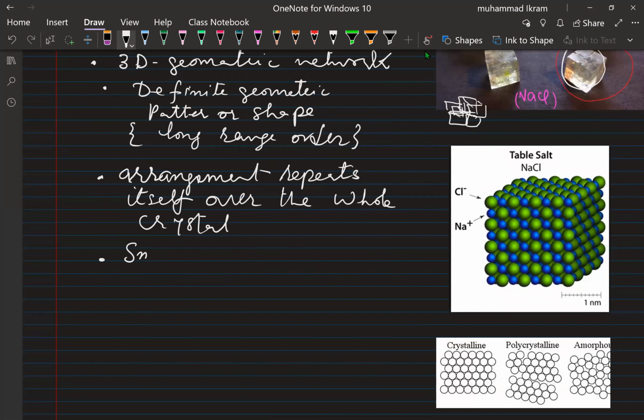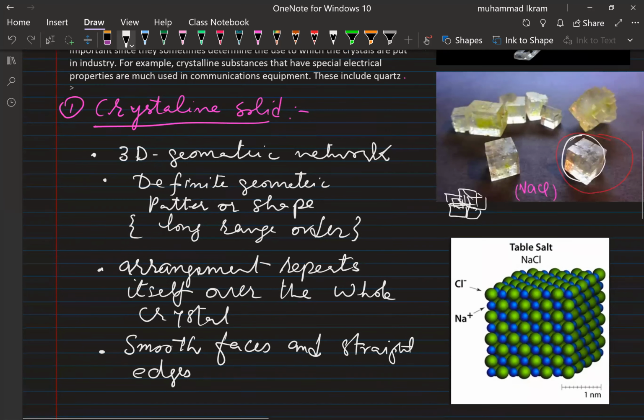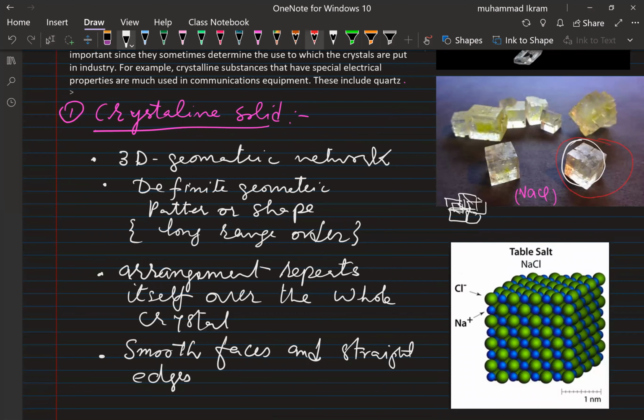In crystalline solids, they have smooth faces and very straight edges. You see here, they have very straight edges. Here I will mark the edges, right, and they have a very smooth face also. As you see the smooth face here, this is the smooth top face of the structure.